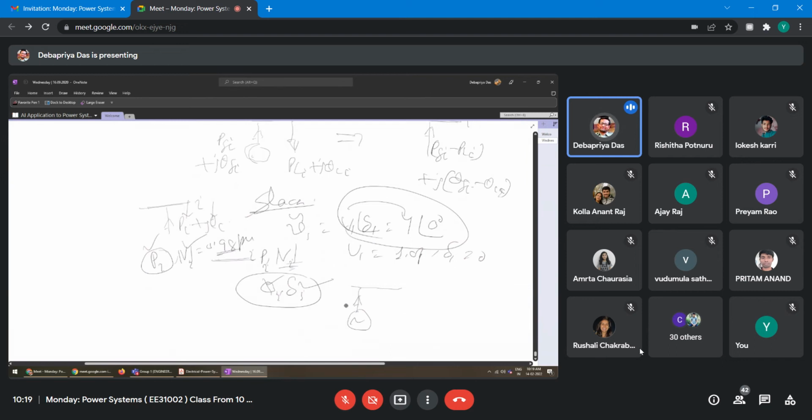I'm putting it in terms of megawatts, say 50 megawatt plus j40 megavar. This is the power injected by the generator. Suppose you have a load here, say 20 megawatt plus j10 megavar. Combined, put in brackets, it will be MVA, right?